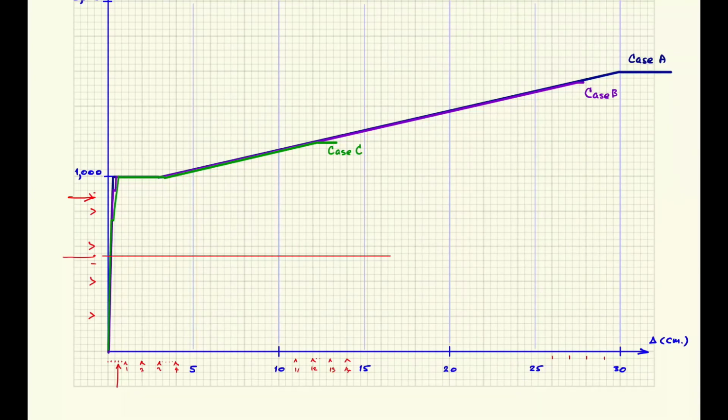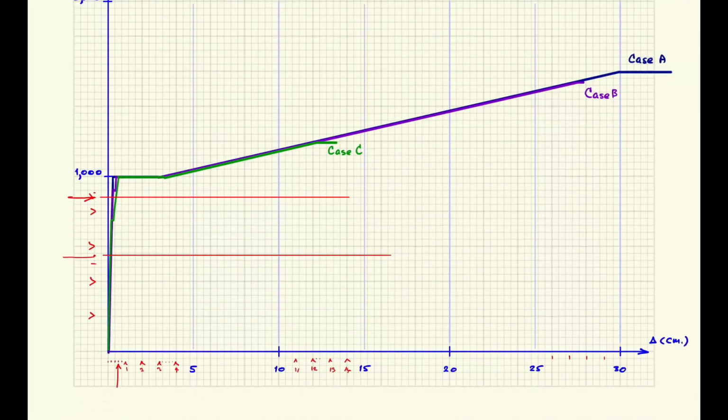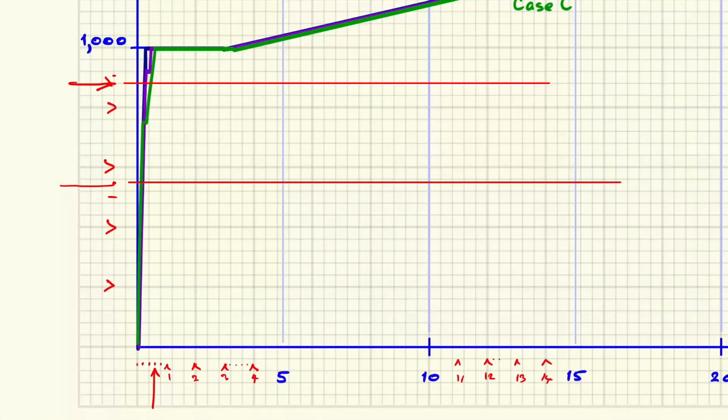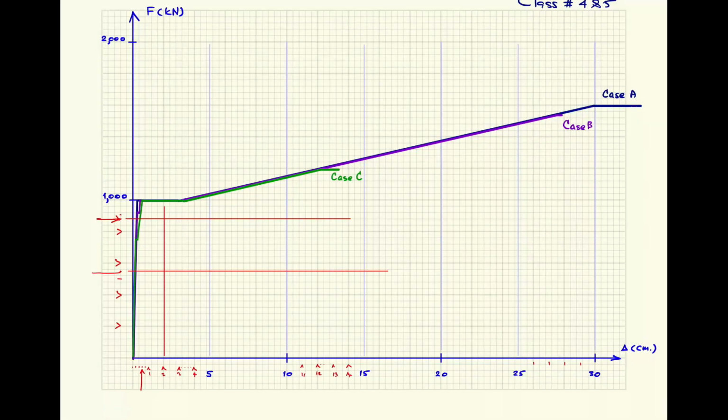550 and 880. And 0.17, 0.22, 0.86, 206. 206 first, easiest. 206 is here. 0.86, where is 1?